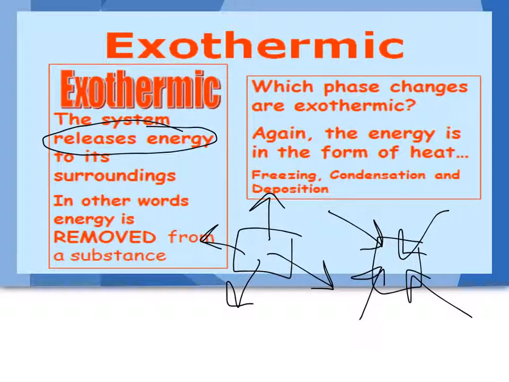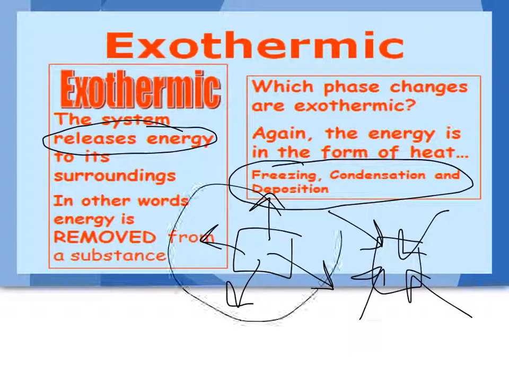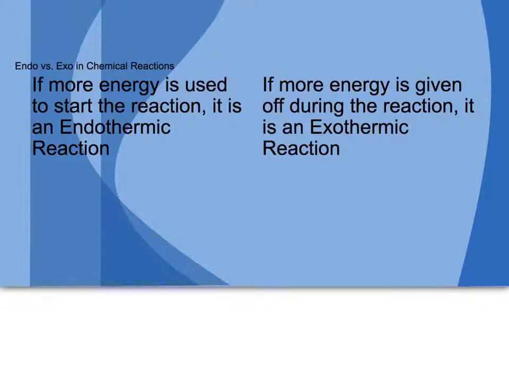But anyways, exothermic reaction, we know that it's like freezing or condensation forming because you have to get rid of the energy in order for it to drop to a lower energy level and freeze or condense. As for chemical reactions, if we need more energy in the beginning to actually start the reaction, meaning that the reaction is pulling energy into itself in order to go, that is going to be an endothermic reaction.